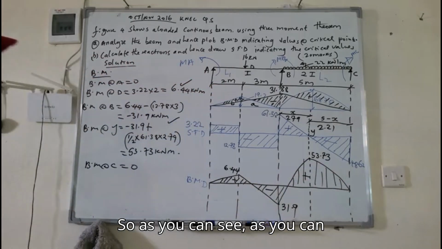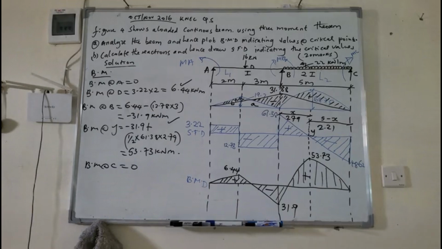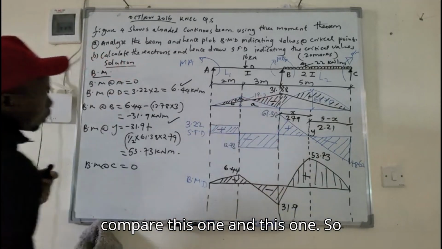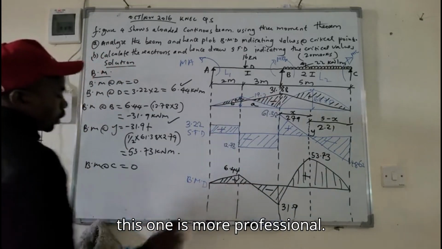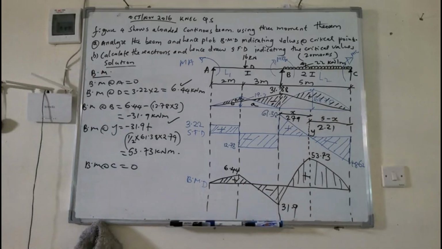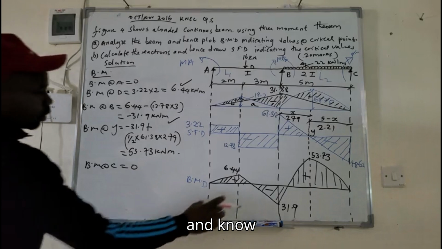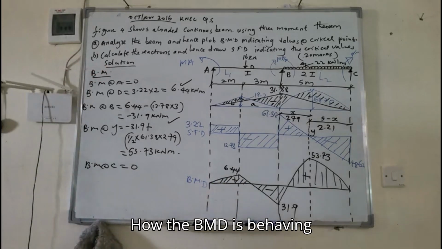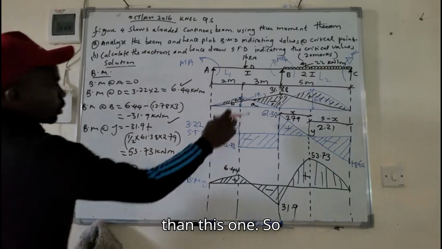So as you can compare this one and this one, this one is more professional. It is very easy to have a look and know how the BMD is behaving than this one.